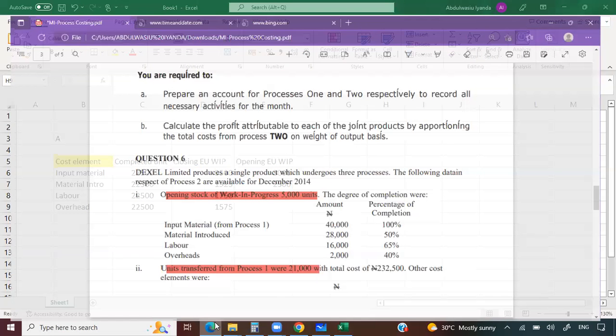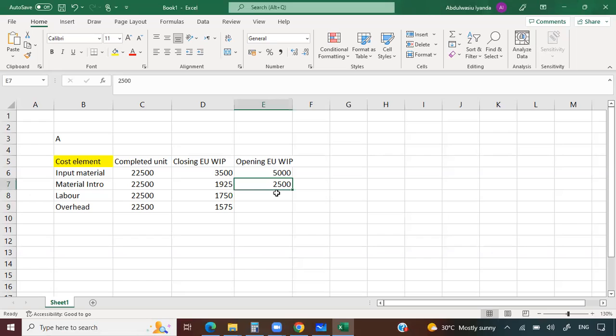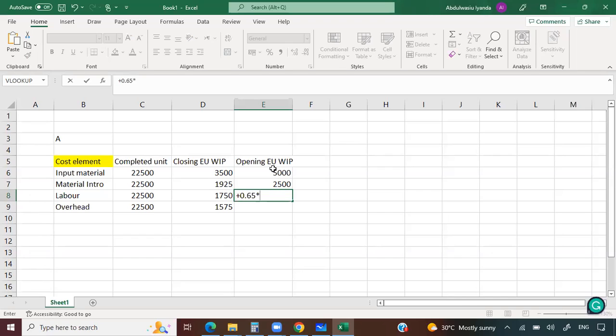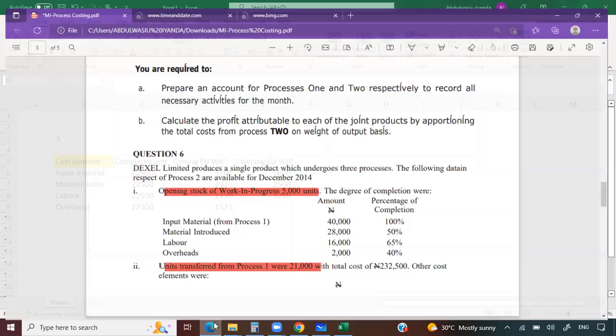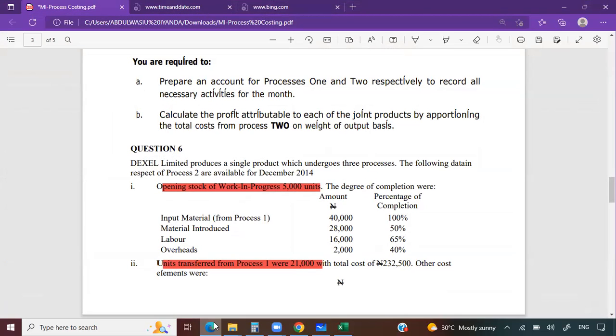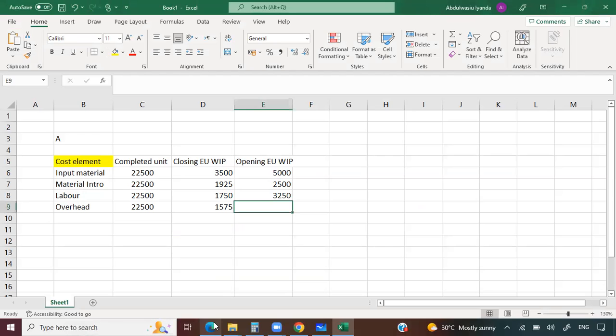Labor, 60%, so 0.6 multiplied by 5,000. I have 3,000. Then the next one, overhead, 40% of 5,000. That's 2,000.